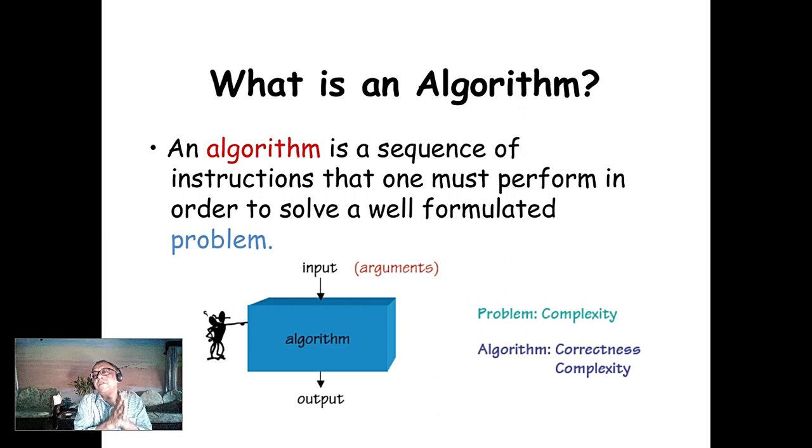Now, what is the difference between the algorithm and the program? A program means you have to code it in some programming language like C, Java, or Python. You have to obey the particular syntax of that language. Java and C require the semicolon, and Python doesn't.